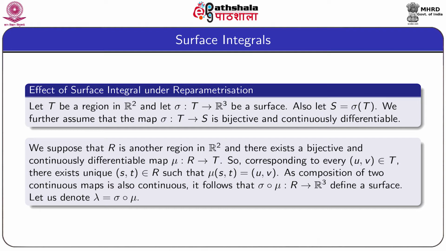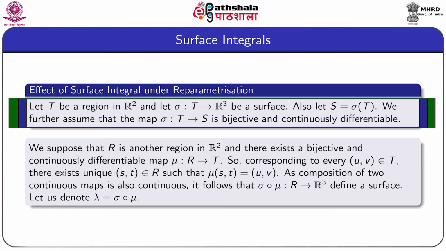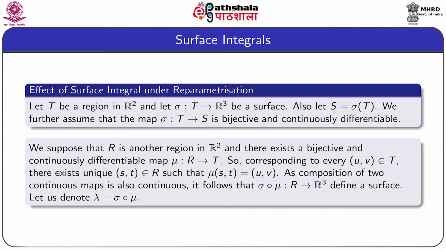Now we are going to discuss the effect of surface integral under reparameterization. Let T be a region in R2 and let sigma from T to R3 be a surface. Also let S equal to sigma T. We further assume that the map sigma from T to S is bijective and continuously differentiable.